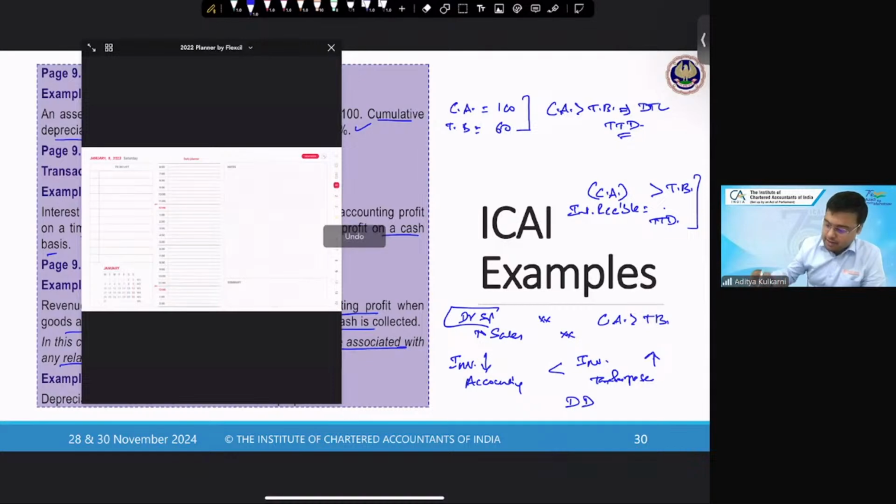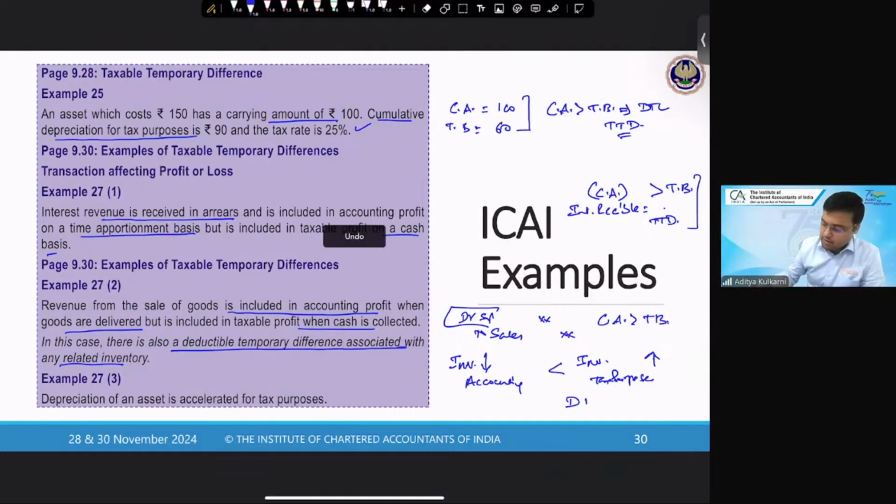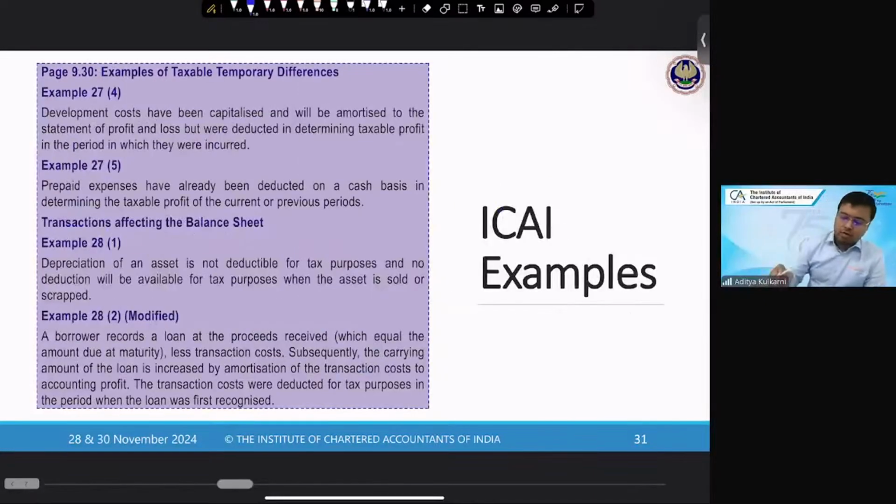Are you able to understand? Yes, sir. Okay. So what I will do is, this is done, this is done, this is done. Depreciation we have seen numerous times. What I want you to do is, try all these questions for homework.